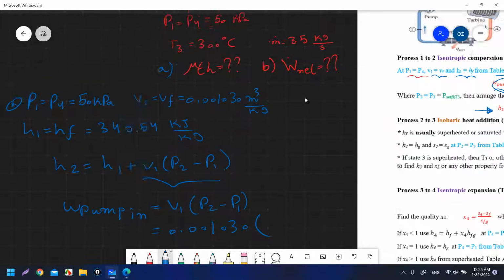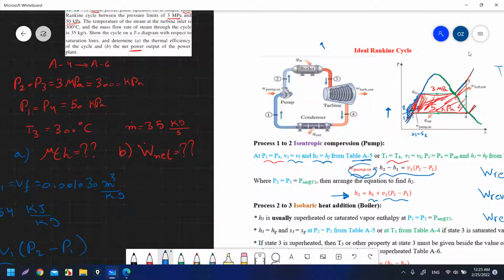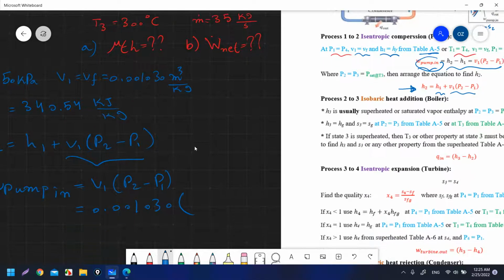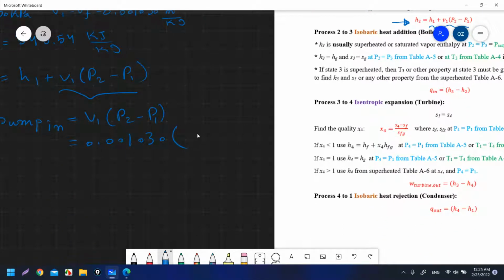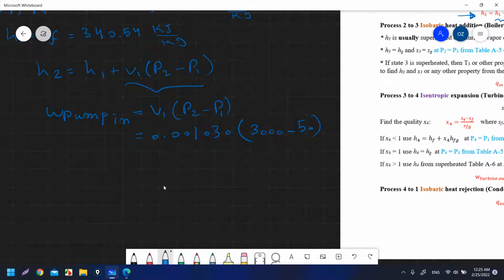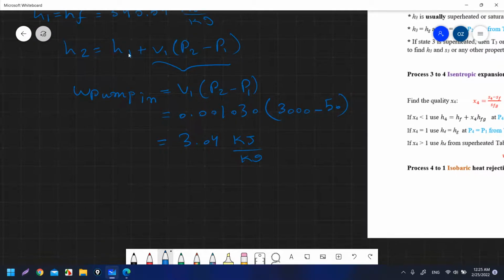P2, which is equal to P3, and it is the boiler pressure, is equal to 3000 kilopascal, and you put it in kilopascal because you want the answer to be in kilojoule per kilogram. Don't use the 3 megapascal. So it is 3000 minus P1, which is 50 kilopascal. This will give you that the work pump in is equal to 3.04 kilojoule per kilogram.